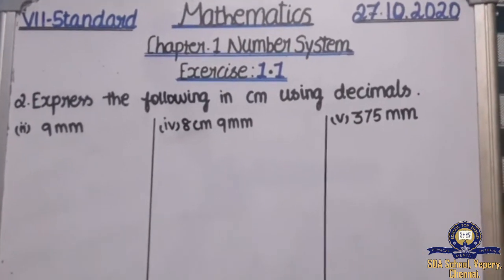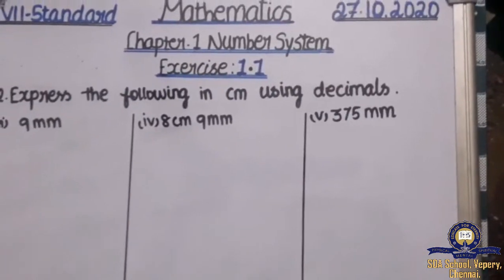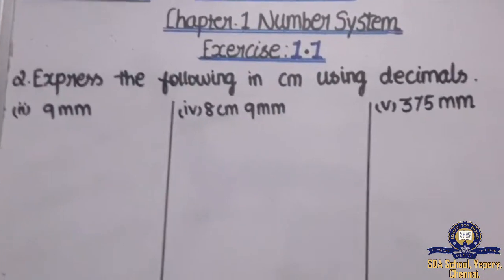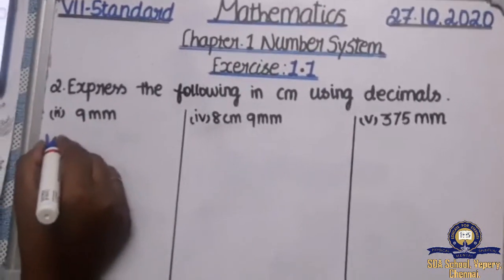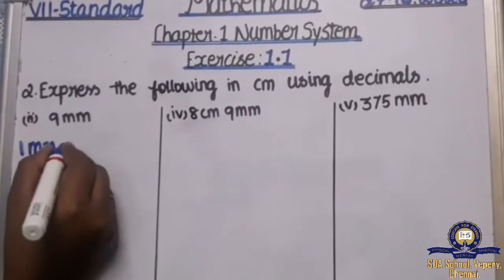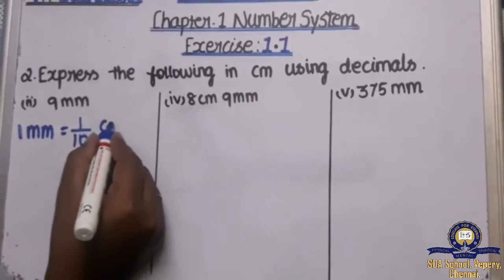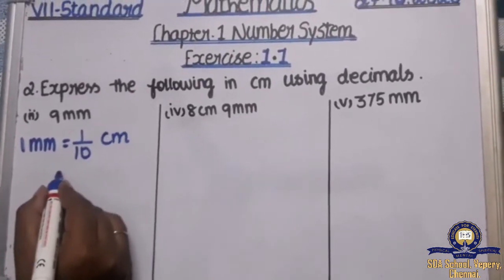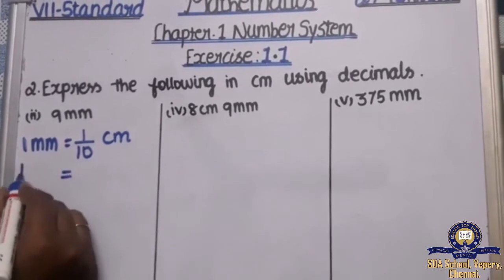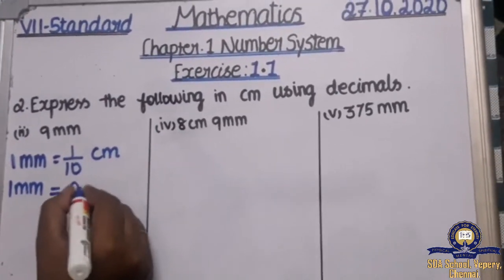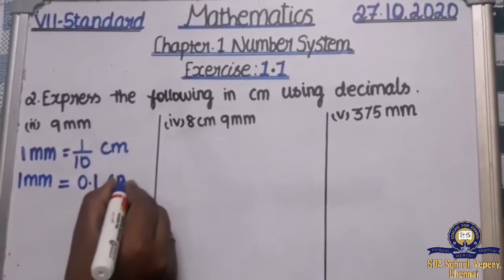For that, first we need to know the formula for converting millimeter to centimeter. We know that 1 millimeter is equal to 1 by 10 centimeter, which means we can say that 1 millimeter is equal to 0.1 centimeter.